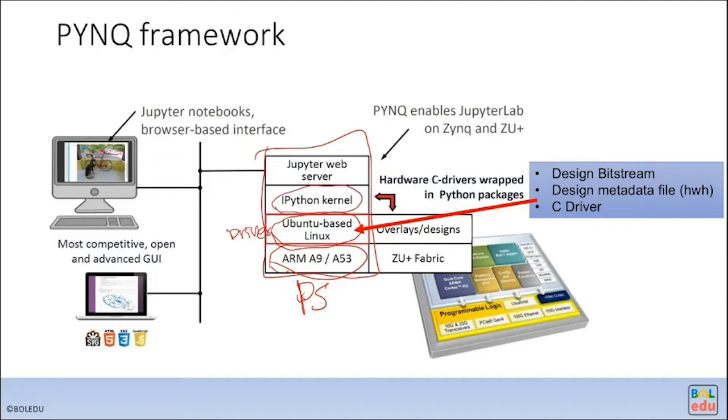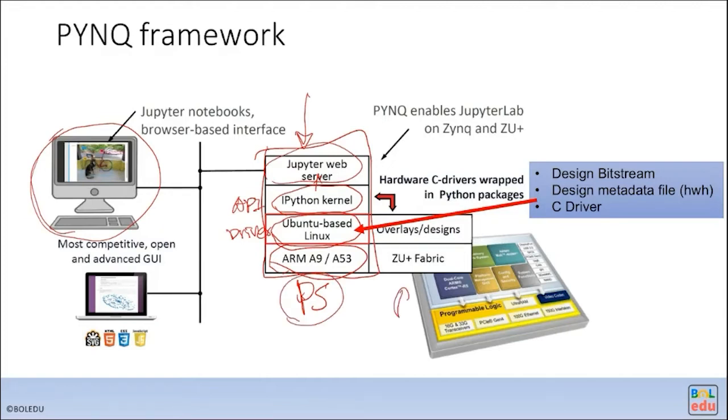The IPython kernel provides the API interface for the application program. It also runs the Jupyter web server so that you can use a remote terminal in the browser to access the PYNQ framework. So that's the software stack running on the PS side.